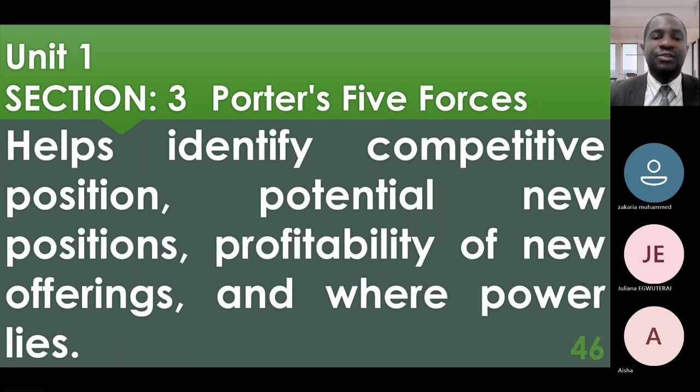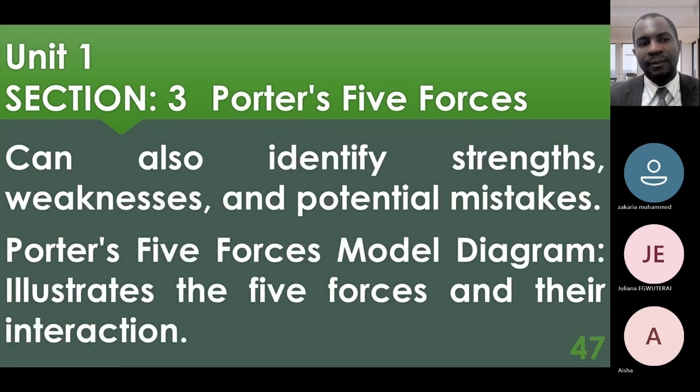So this model helps us identify competitive positioning, potential new positions that are created by new entrants, and profitability of new offerings, that's new products coming into the market, and where the power lies. It can also be identified as strengths and weaknesses which are internal, and also potential mistakes of those companies will culminate in handing over their market share to rivals.